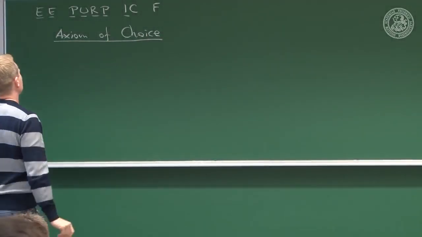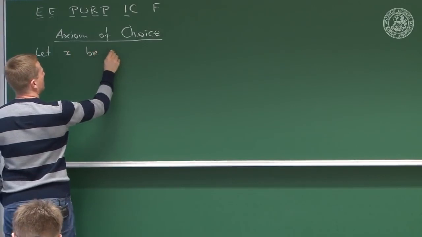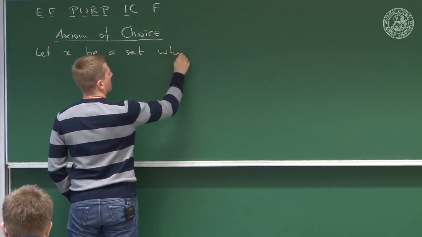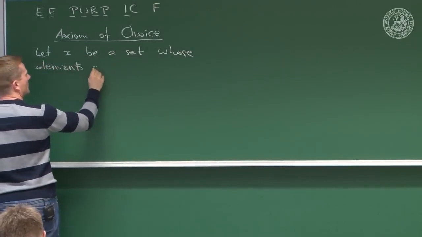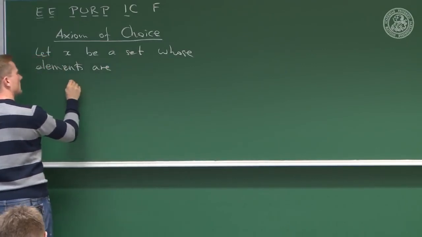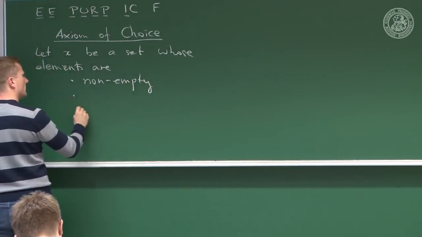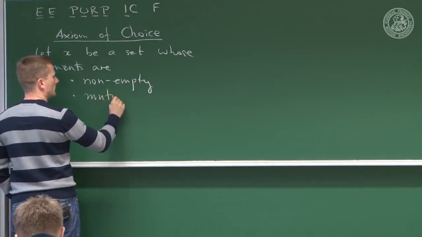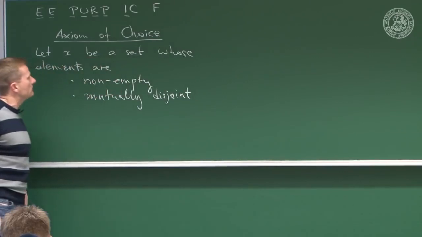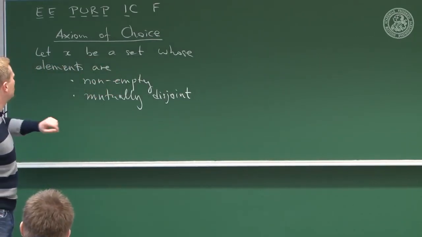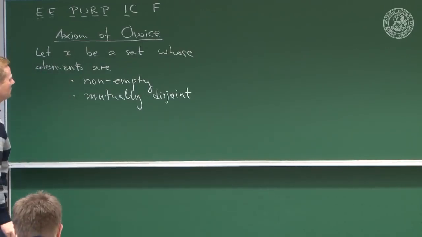So the axiom of choice talks about a set. Let X be a set whose elements are, now there are 2 conditions, non-empty and mutually disjoint. That means if you take the intersection of any 2 elements of the set X, then this intersection will be the empty set.